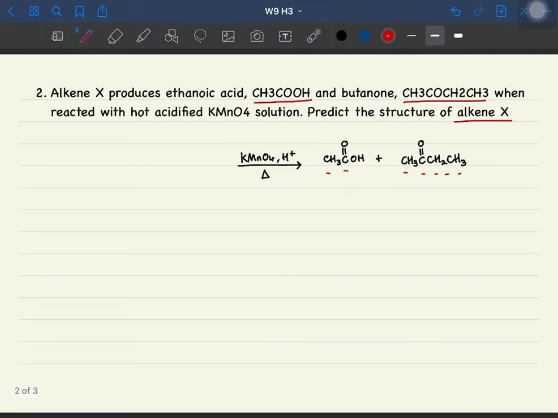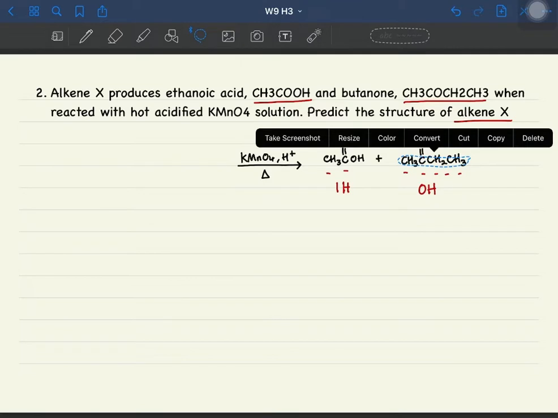So we know that at this carbon with double bond O, we're going to have only one hydrogen. And for this butanone, since we are going to form a ketone, it means that we are going to have 0 H on the carbon-carbon double bond. So now we are going to combine these two. So let's say I'll take this structure.